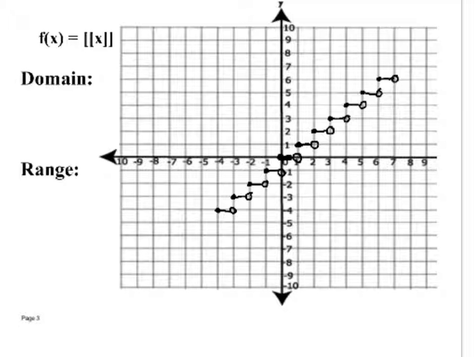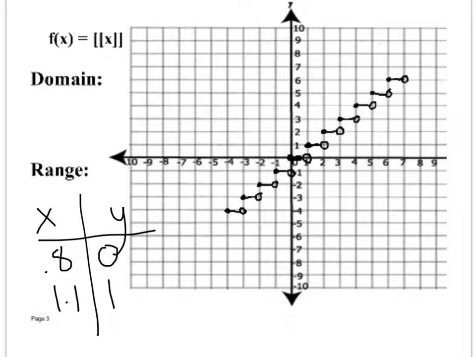I'll pass out graph paper. So that's how this is graphed. The closed circle means it's included. The open circle means it's not included. So if I was to pick 1 for x, what's the greatest integer of 1? 1.